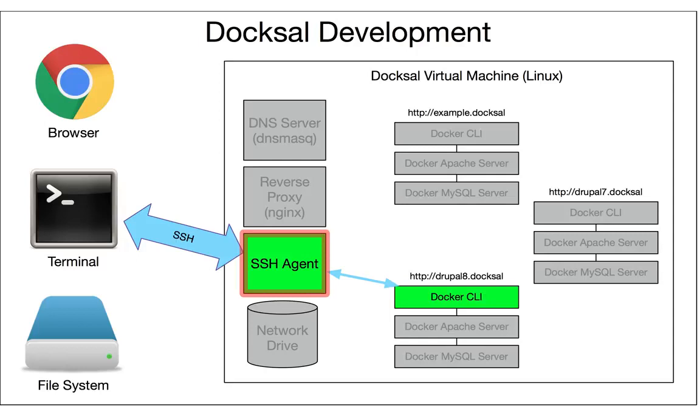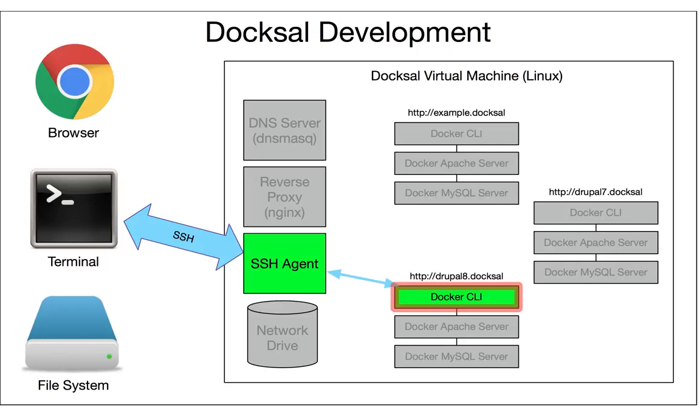Usually you don't need to do any special configuration. So all of the SSH keys that you have in your home directory can be used to connect to any of your Docksal containers. Also, your Docksal containers can use these keys to communicate with the outside world.